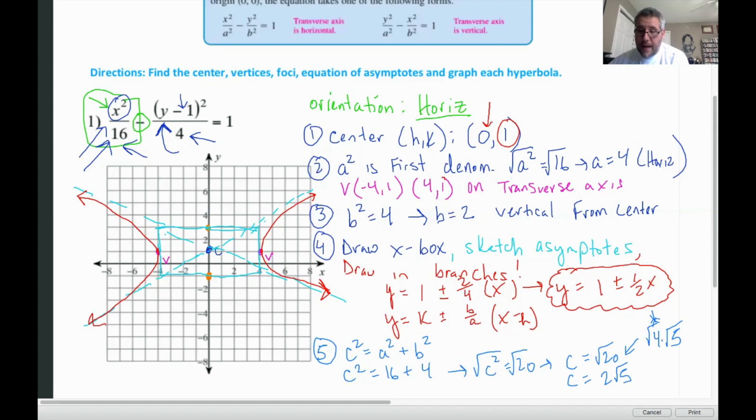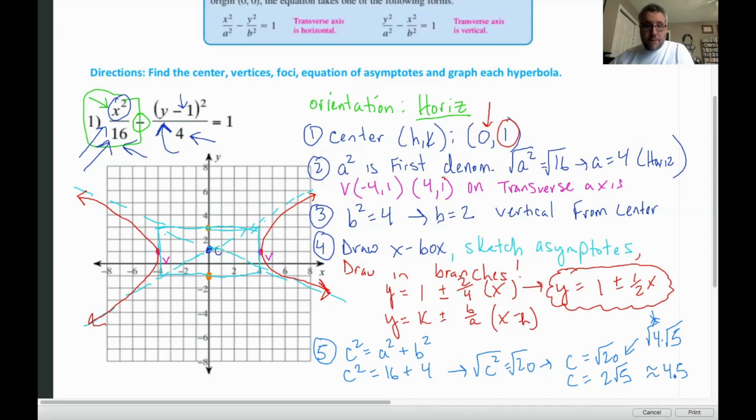So 2 root 5. That is the distance from the center inside each branch, which I will show you in just a second. I'd encourage you to use your calculator. 2 times the square root of 5 is very approximately 4.5.